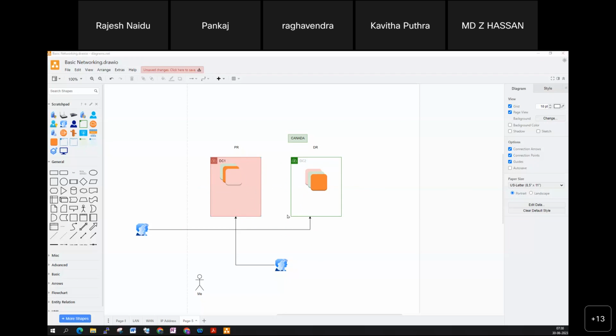There are load balancers actively working the entire day. In case any service is down, the sessions will get connected from DC1 to DC2. This is the setup they configure. This is the high availability configuration. Nowadays, every company follows this type of structure.